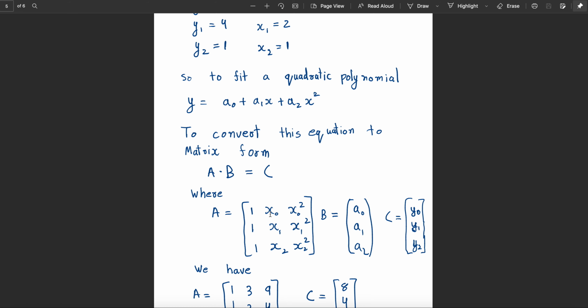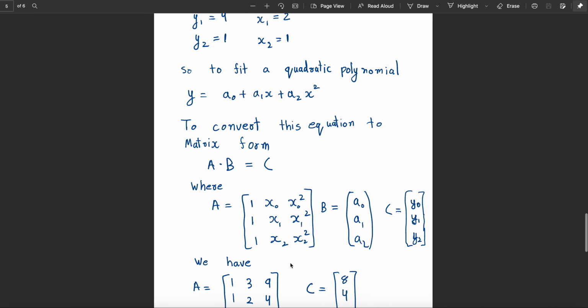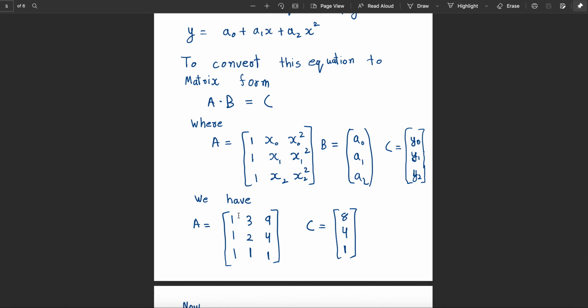So substituting for x0, x1, and x2 into the matrix A, we get the following matrix, and we know the values of y0, y1, and y2.